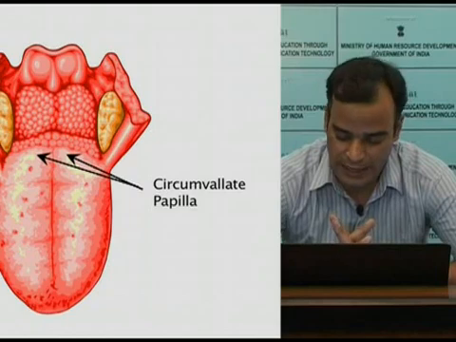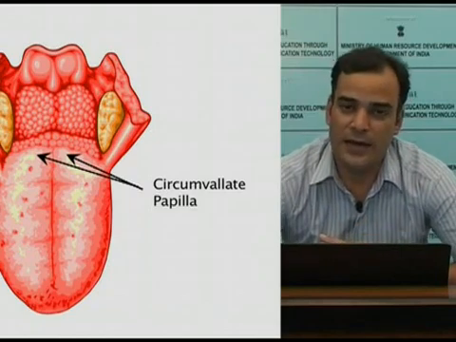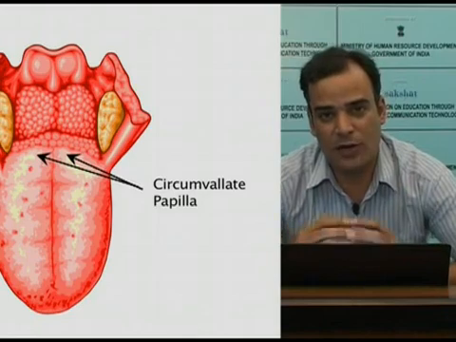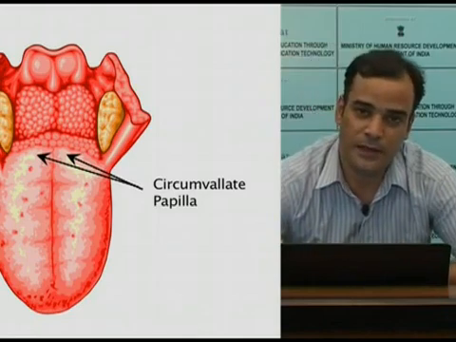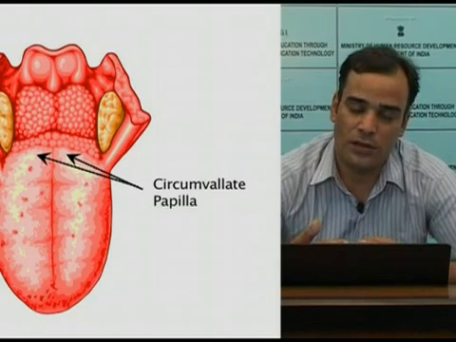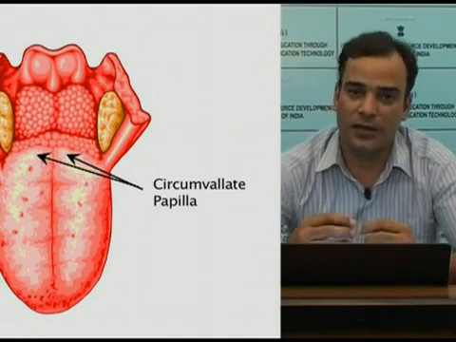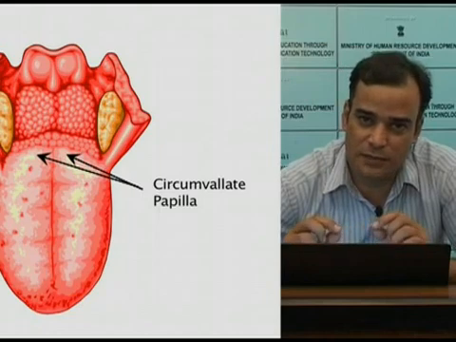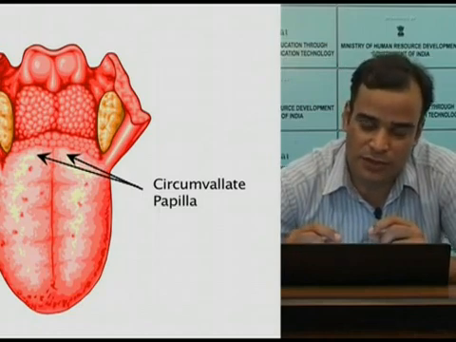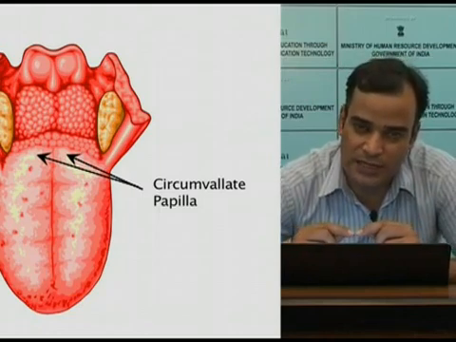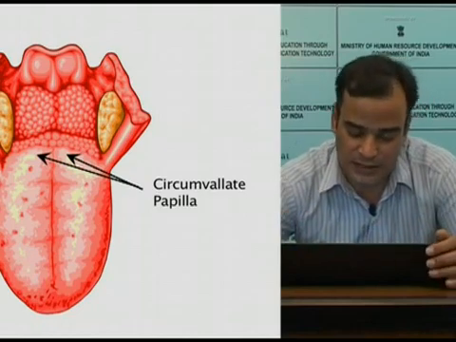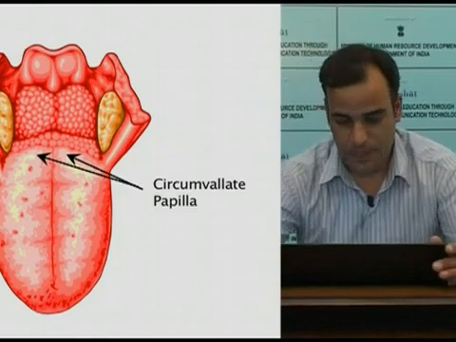They are about 8 to 12 in number and are arranged in an inverted V shape at the back of the tongue. If you ever look in a mirror, on the posterior of the tongue, on the back of the tongue, you will see eruptions or the finger-like projections of the papilla which are arranged in the inverted V-shaped structure. These are the circumvallate papilla.